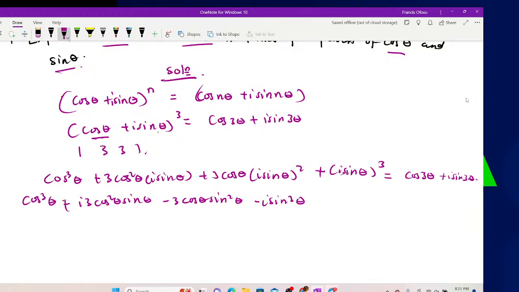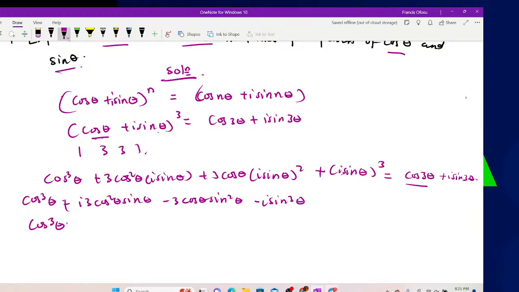Now, to find the corresponding expressions for cos 3 theta and sin 3 theta, I have to separate this into components of real parts and imaginary parts. So before we separate them, let's do some little expansion here. Cos cubed theta, right?